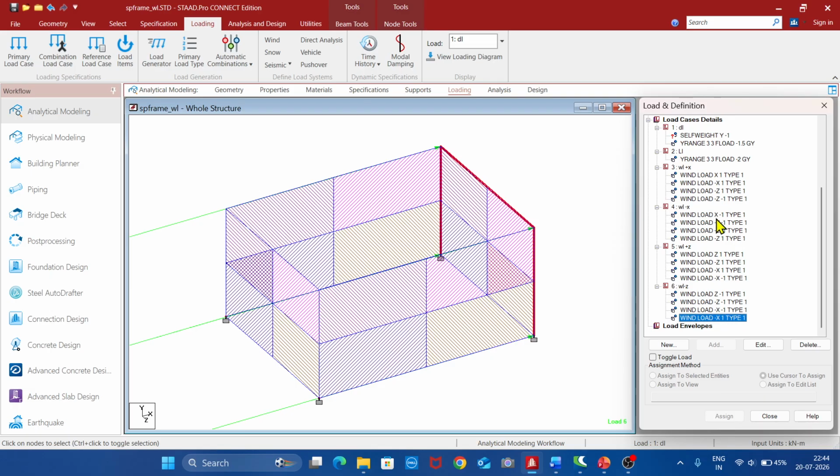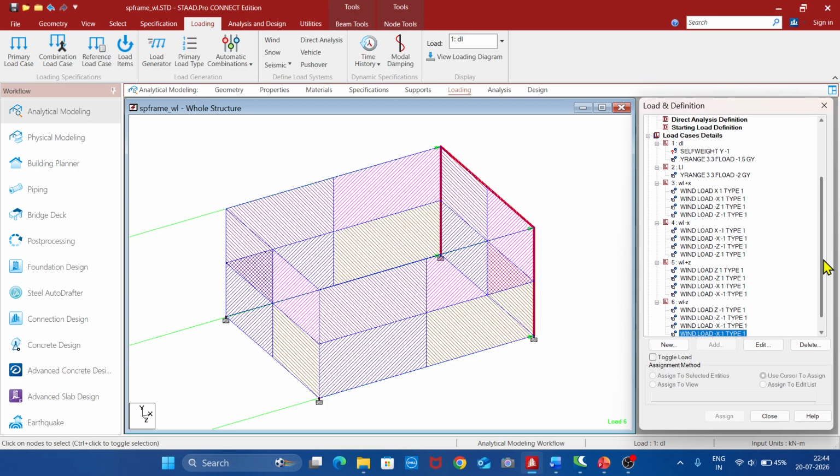In minus x, windward side minus 1, leeward side also minus 1, and for the two side walls, one should be minus 1, the other plus 1. In the z direction, windward side 1, leeward side also plus 1, and side walls 1 and minus 1 or minus 1 and plus 1. Then in minus z direction, windward side minus 1, leeward side minus 1, and the two side walls minus 1 and plus 1.